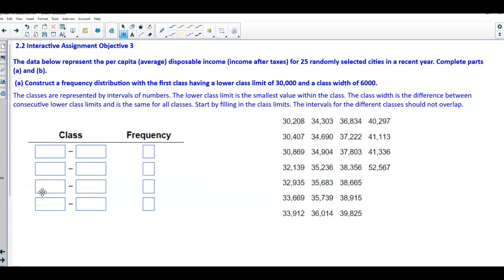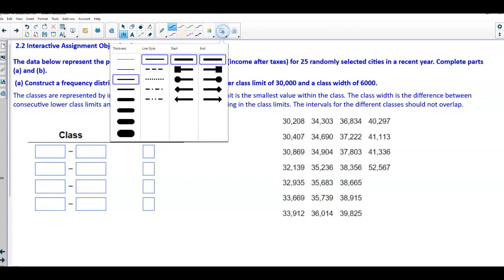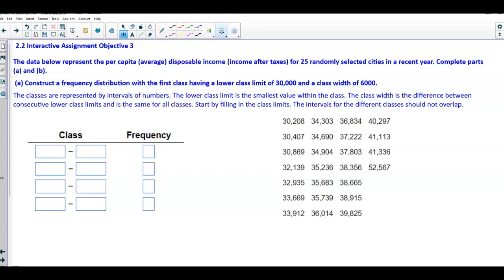So again, the first lower class limit is going to be 30,000. Now it says that the class width is 6,000, so we need to add 6,000 to the 30,000.